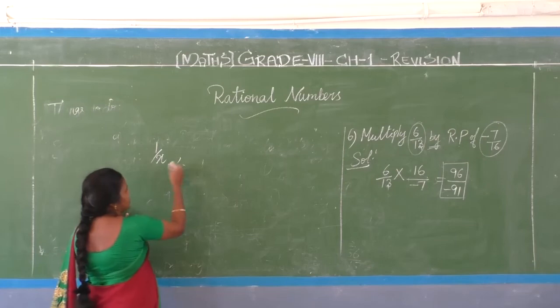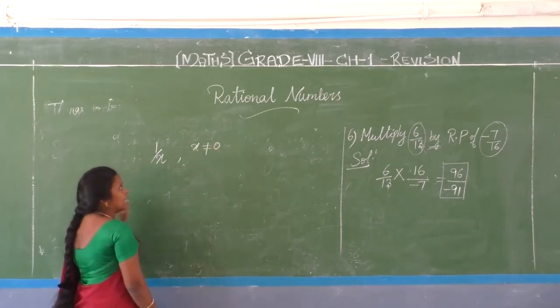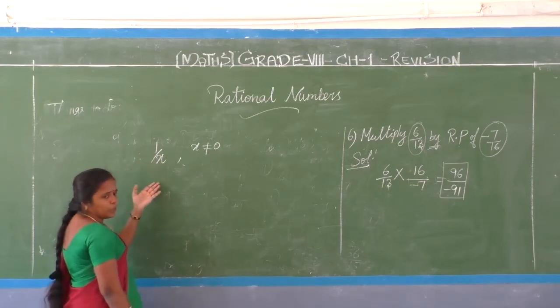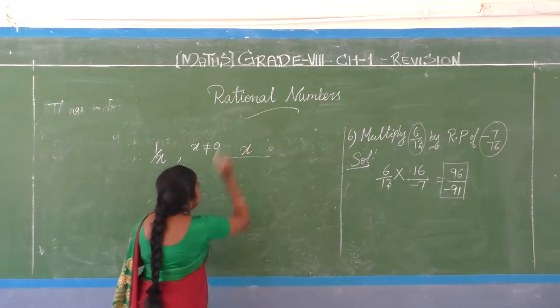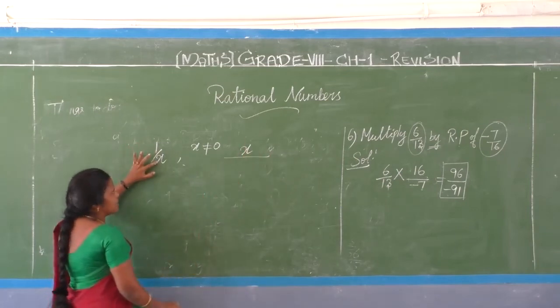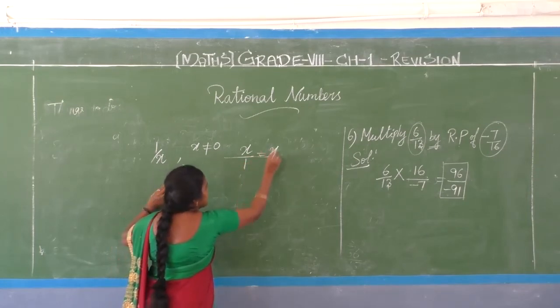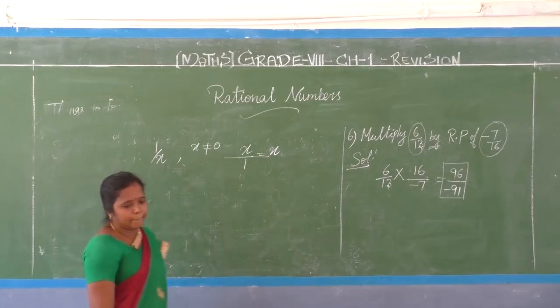So that is why they mentioned here itself where x is not equal to 0. At that time, what is this reciprocal? Reciprocal means what you do? You should interchange the bar. 1 by x, that reciprocal is x by 1. Simply can be written as x. So the final answer for this question is x.